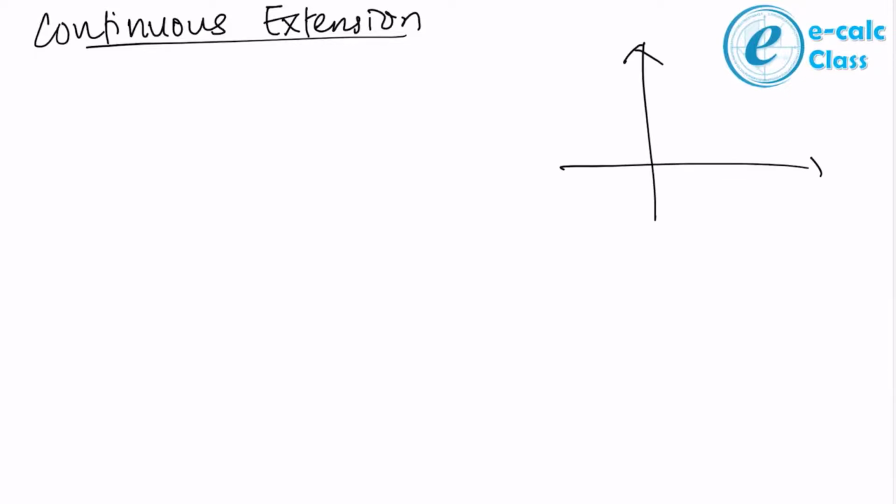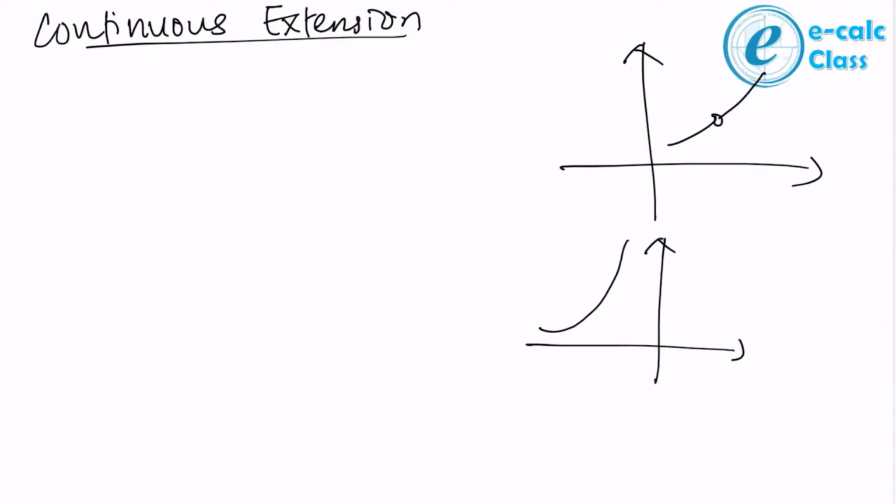Continuous extension is needed because sometimes the function is actually continuous when you draw it, but f(x) is undefined at that point. There's a hole in that function, so you need to define it or something like this.